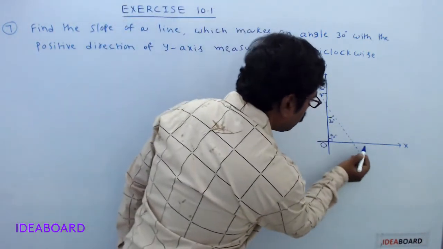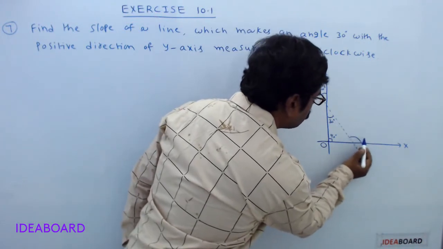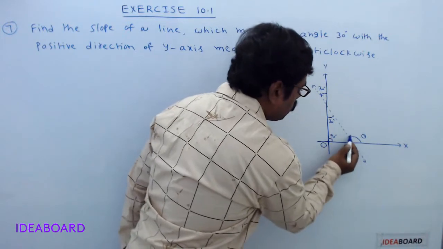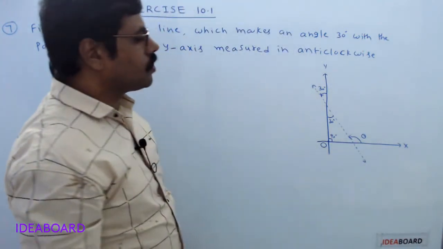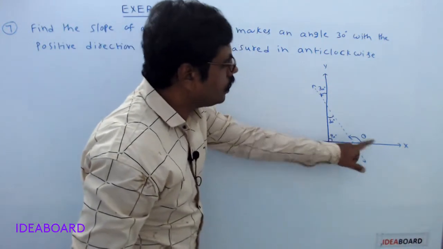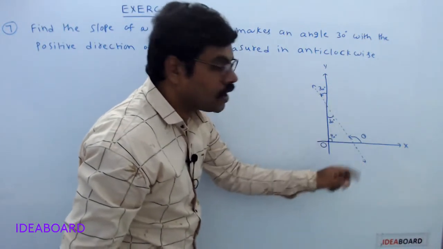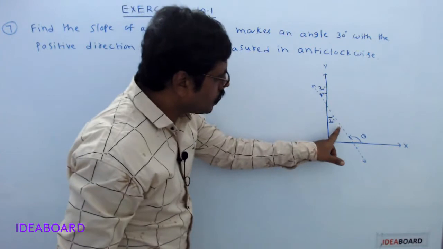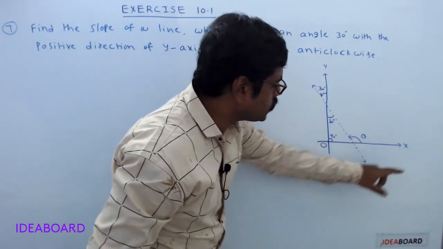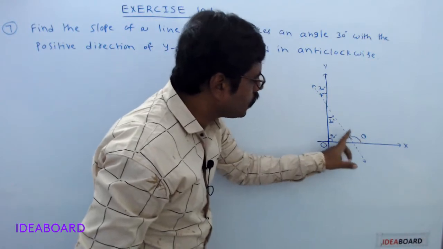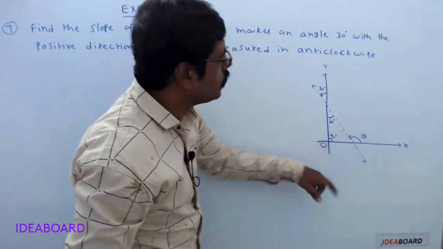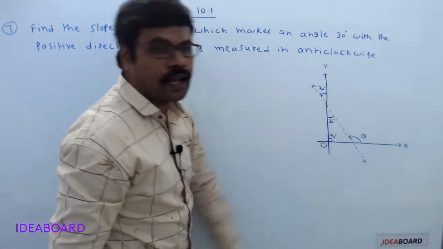Suppose this line makes an angle theta with the positive direction of x-axis and measured in a anti-clockwise direction. So this theta is called inclination of this dotted line.